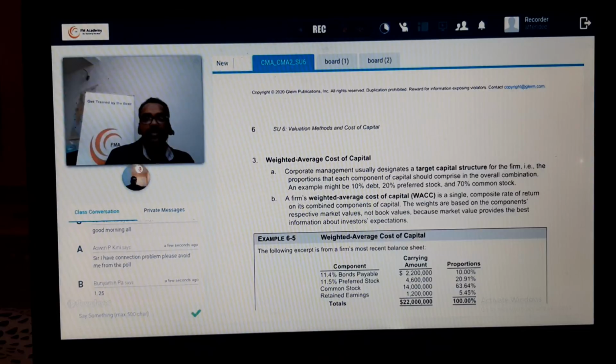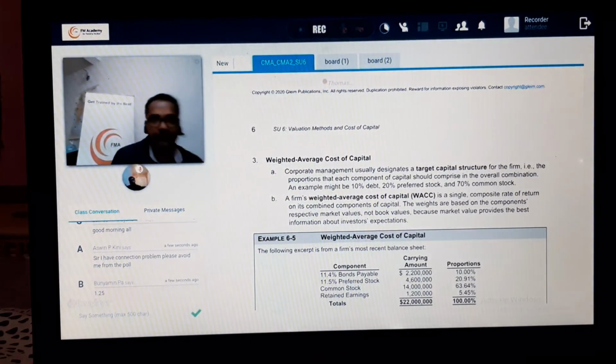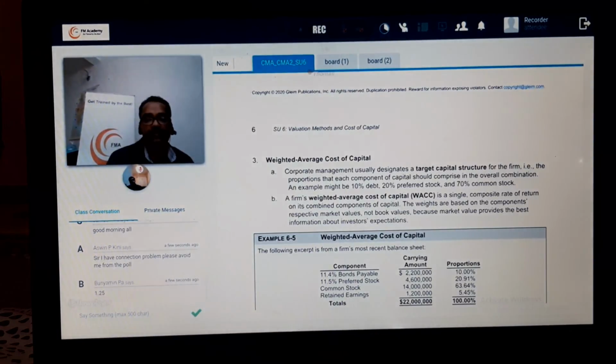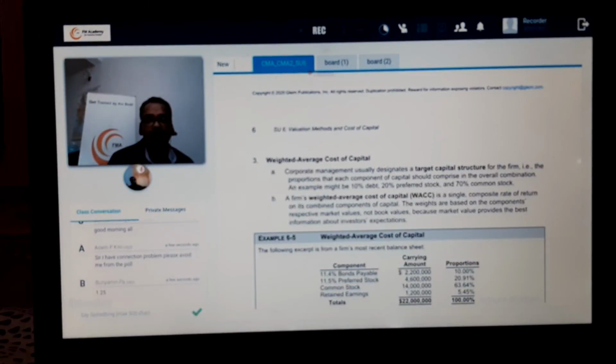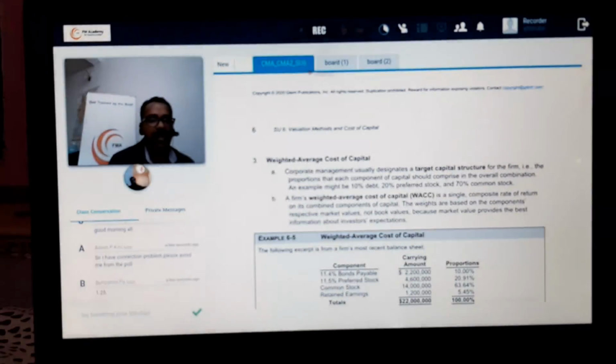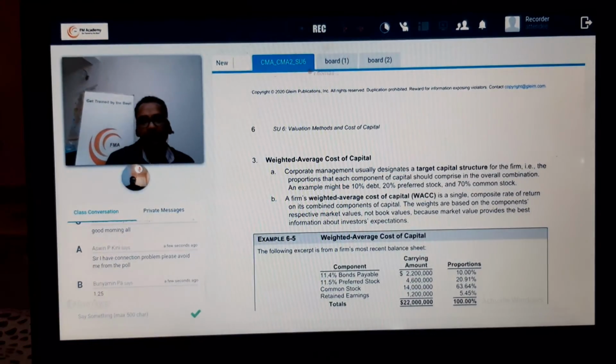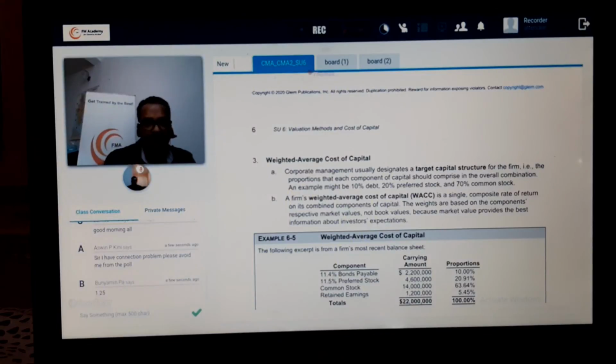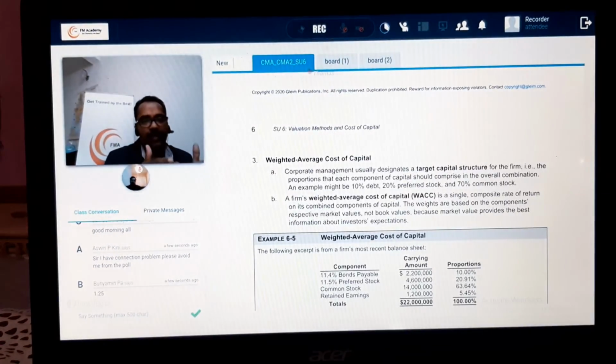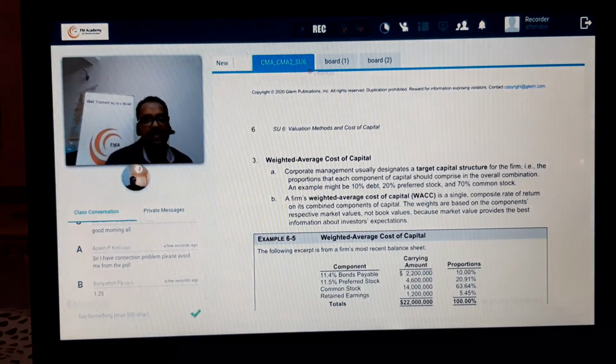Weighted average cost of capital. We discussed weighted average, right? Portfolio beta is the weighted average of the individual betas. Portfolio return is the weighted average.